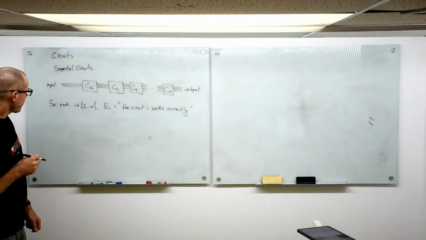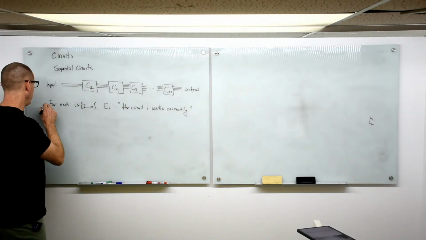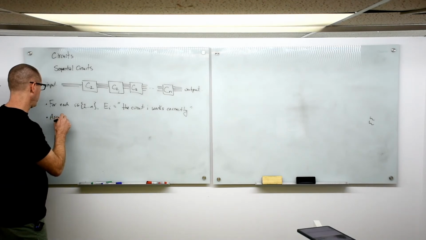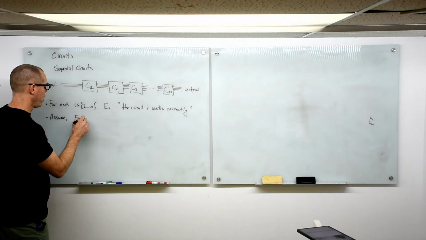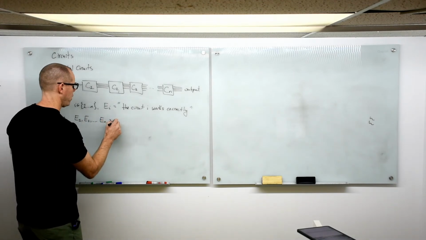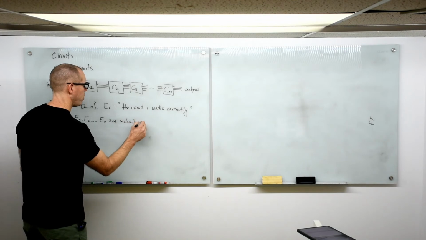Okay? And we'll assume that all the events E1, E2, and so on up to En are mutually independent.